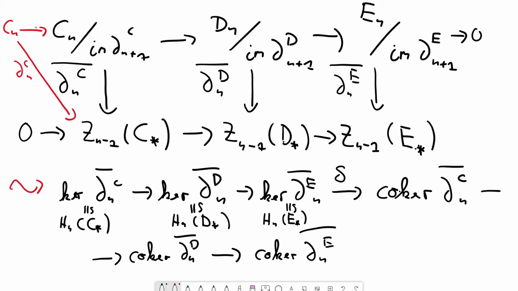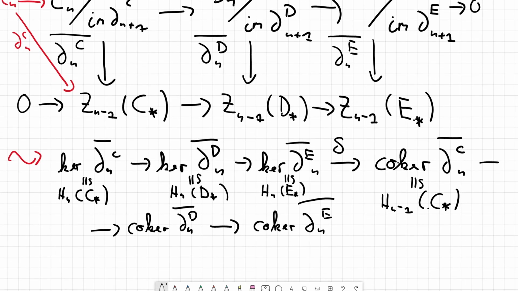So in other words, since this is commutative and this map is surjective, that means those two homomorphisms have the same image. And this means what we divide out here in the co-kernel, this is just the same as n-1 cycles, modulo n-1 boundaries. And therefore, this is also just the n-1st homology of the chain complex C star. And now, let me lift this up a little.